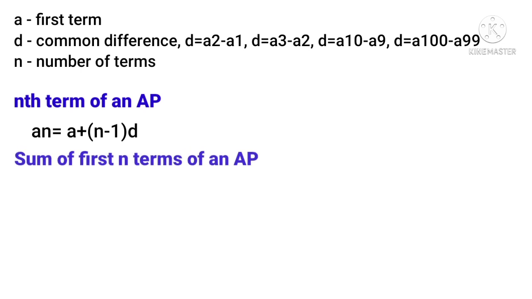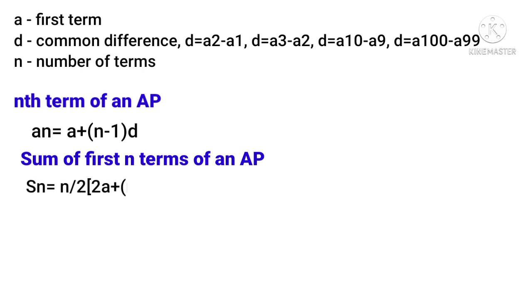Next we will discuss the sum of the first n terms of an AP. The sum of the first n terms of an AP is represented by Sn. Sn is equal to n by 2 into (2a plus (n minus 1) into d). This formula can also be written as n by 2 into (a plus an).